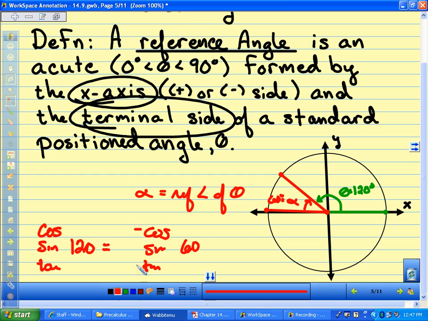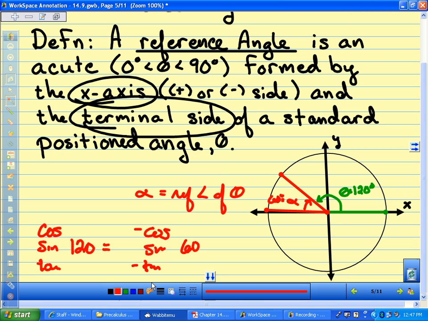Cosine is negative in quadrant 2, and tangent's negative. So the cosine of 120 is the negative cosine of 60. The sine of 120 is the same as the sine of 60. The tangent of 120 is the negative tangent of 60. Why negative in cosine and tangent? Well, they're negative in quadrant 2. But that 120-degree angle behaves the exact same way as the 60-degree angle does.